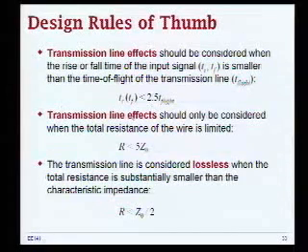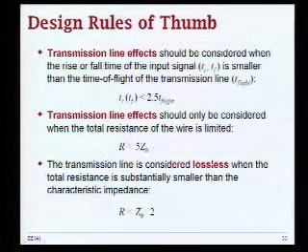Or transmission line effects should be considered when the total resistance of the wire is limited in a way that when you keep increasing your clock frequency, the wire stays the same, but your inductance kicks in. And then you have to consider the full transmission line model. This happens when the total resistance is less than 5 times the characteristic impedance of the transmission line.